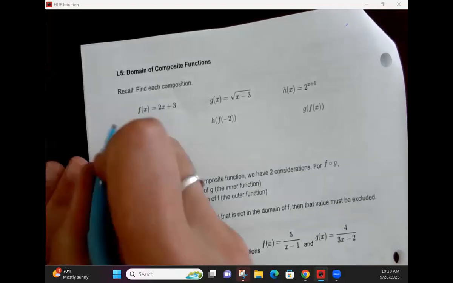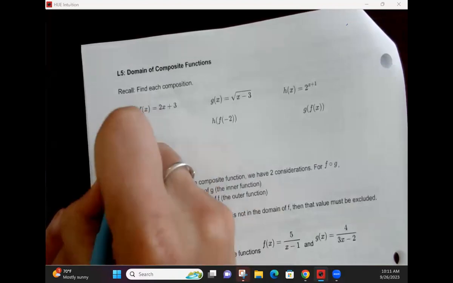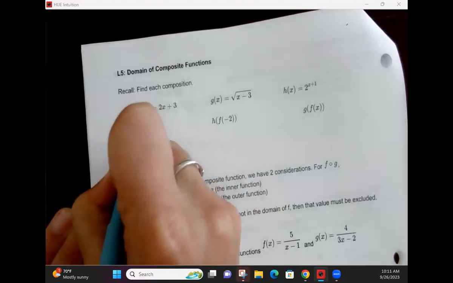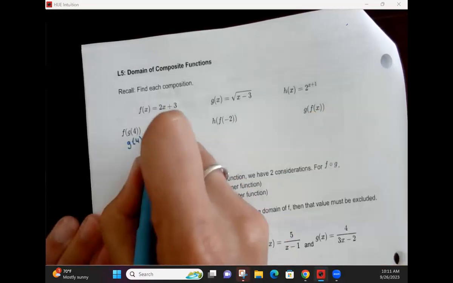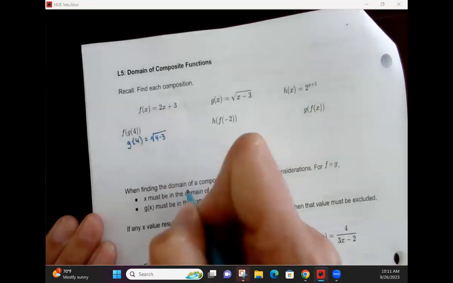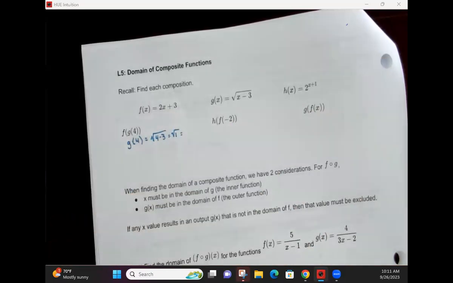So for this first one here, g of 4, remember we always work from the inside out. G of 4 would mean I take g of x and I plug in 4. So this would be the square root of 4 minus 3, which would be the square root of 1, and the square root of 1 is 1. I'm not done yet.